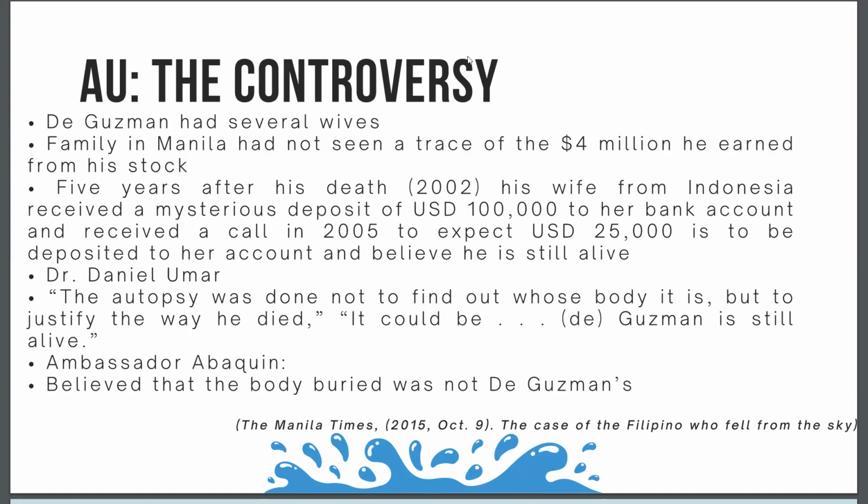Dito naniwala siya na hindi katawan ni De Guzman yung nalibing kasi ang daming conspiracy na nalabas and ang daming mga elements na nagsasuggest na ibang tao yung nilibing. Gawa ng mga inconsistent information and inconsistent evidence na nakakaduda nga na baka nga ibang tao yung hinulog dun sa helicopter.